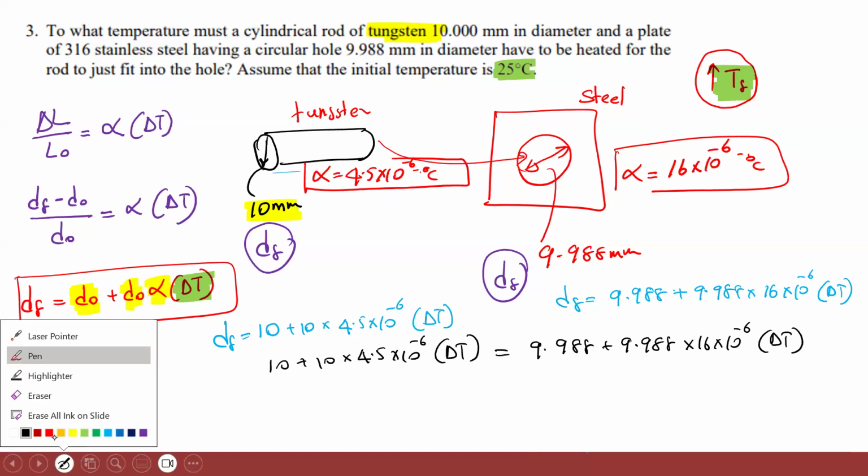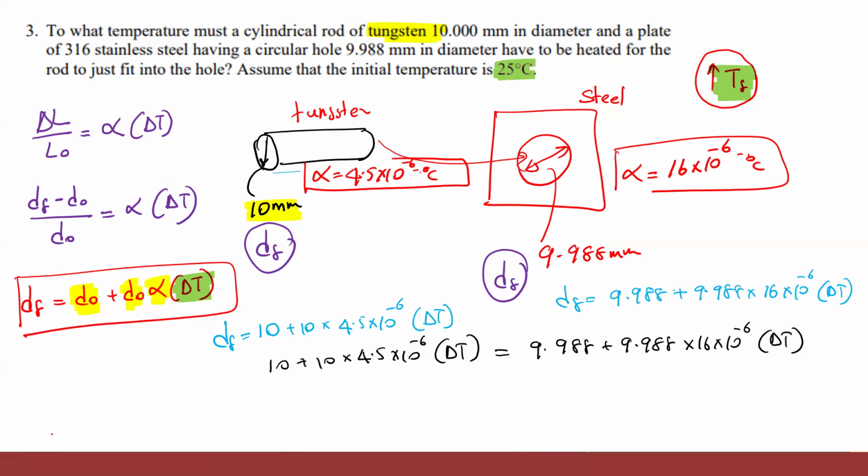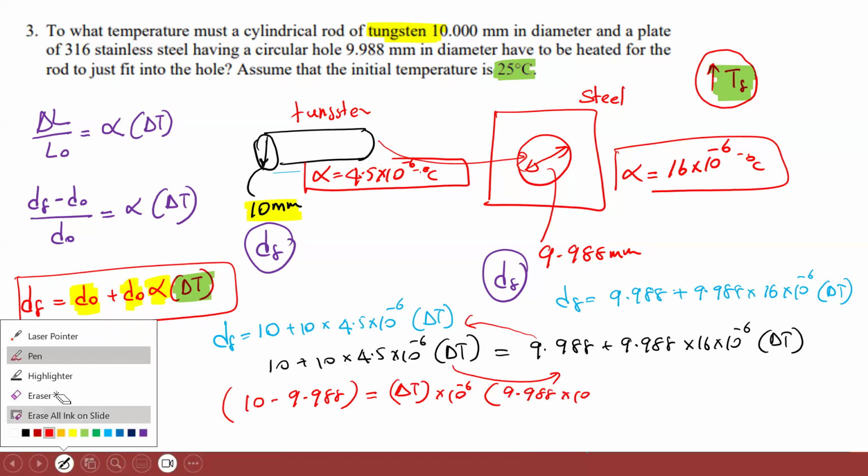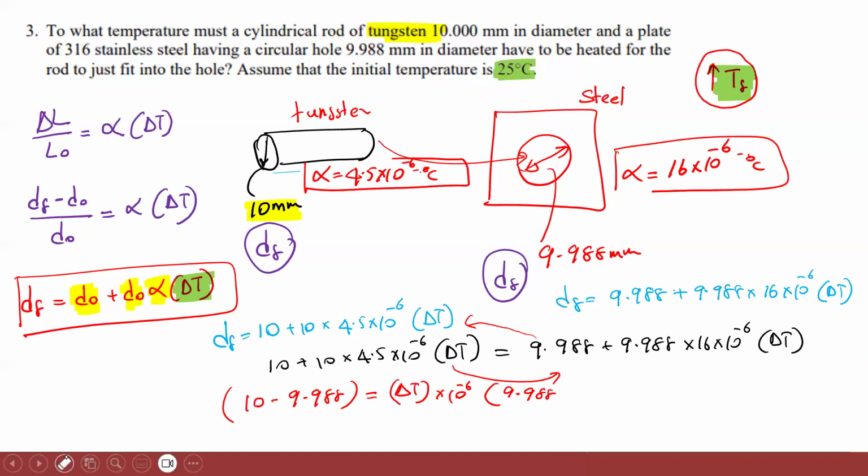Now you need to find delta T. Our aim is to find this delta T. I need to take this one to this side and this one to that side. Am I right? So we can have 10 minus 9.988 on this side. And here we have delta T common, and 10 to the negative 6 common. We have 9.988 times 16 minus 4.5 times 10.